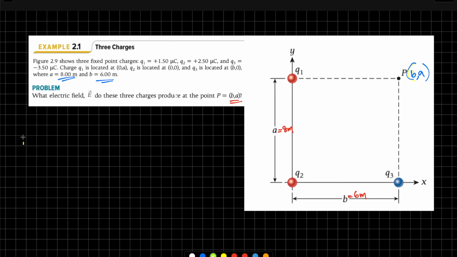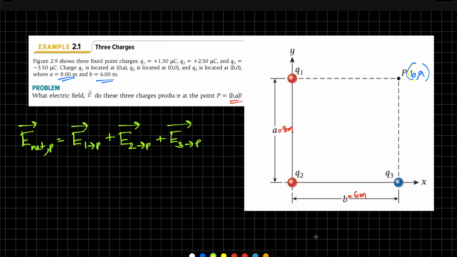Net electric field at point P is equal to the electric field produced by charge 1 at point P plus the electric field produced by charge 2 at point P plus the electric field produced by charge 3 at point P. All these are vectors, because it's a two-dimensional problem, we have to treat them as vectors.